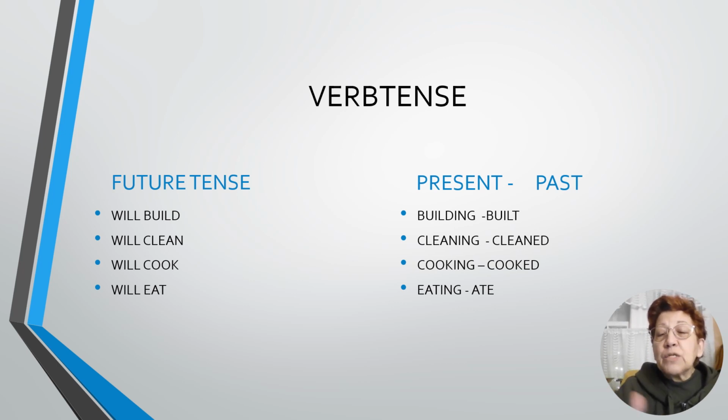Okay, see, at this point, what a lot of ESL students make errors with, which I'm seeing in the private tutoring, is when they take the verb very literally, and they use that verb for all the tenses.